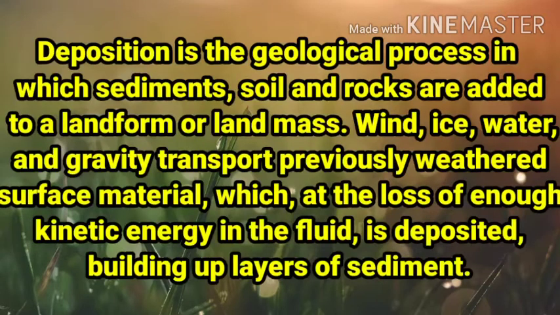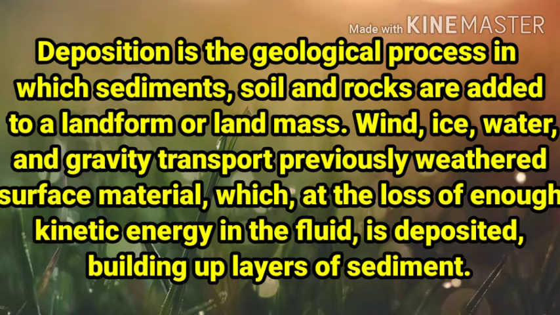And deposition, as I already told you, is a consequence of erosion. The erosional agents lose their velocity and hence energy on gentler slopes, and the materials carried by them start to settle, which we know as sedimentation.